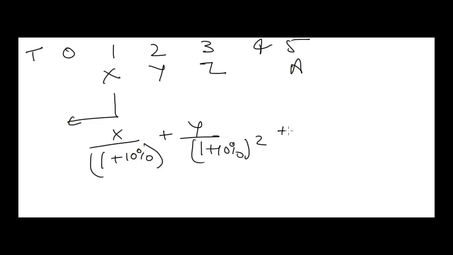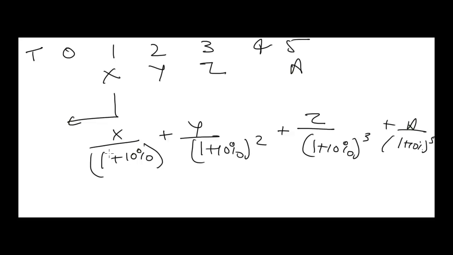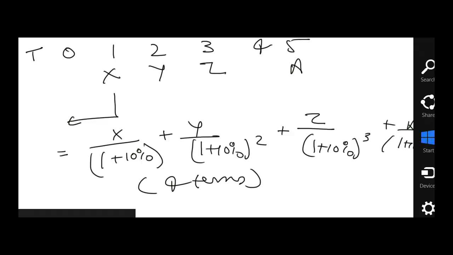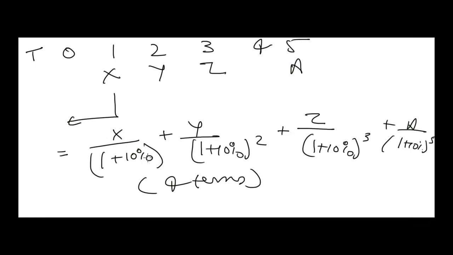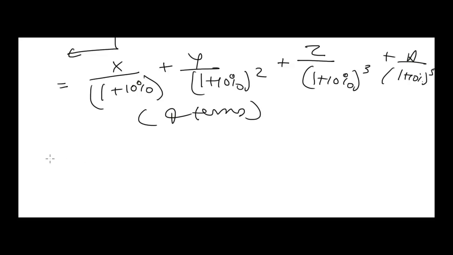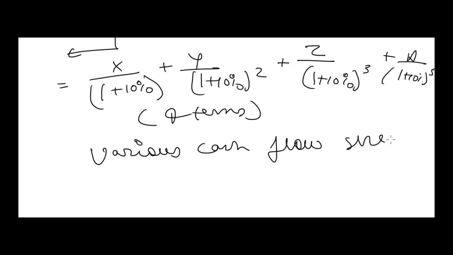So you are adding all of them, and that is the money that this stream means to you today, plus A into 1 plus 10% to the power 5. So you have got the value of these four terms today to find out what they mean to you. And once you have that, you can compare various cash flow streams to find out the present value.